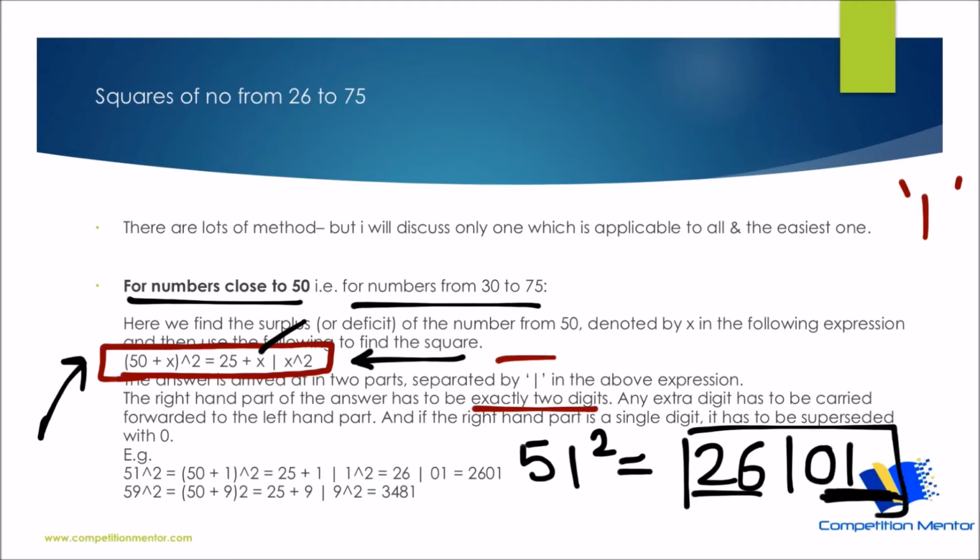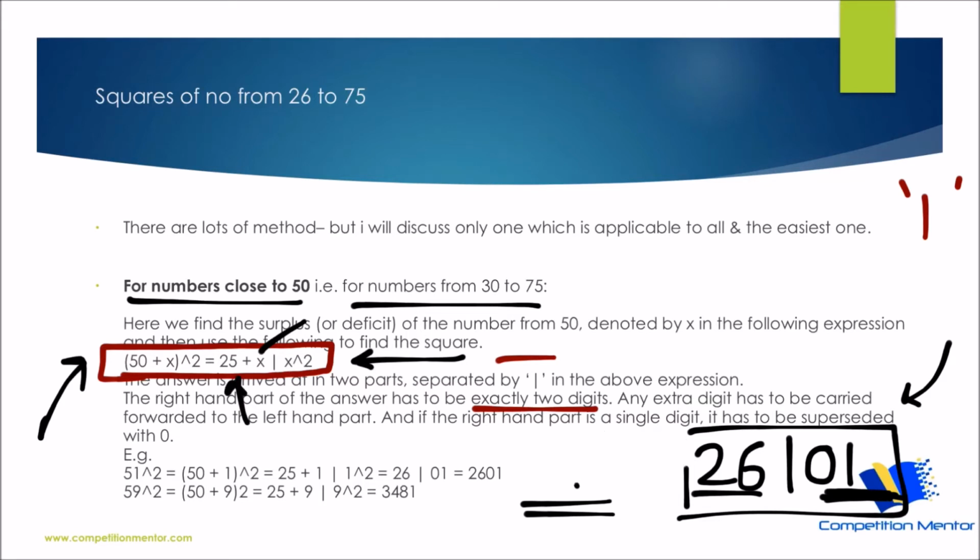And as it said, if an extra digit is there, it has to be carried, and that is mentioned in this part. Understand the reference from 50 and how much more or less the x addition or subtraction will take place on 25.